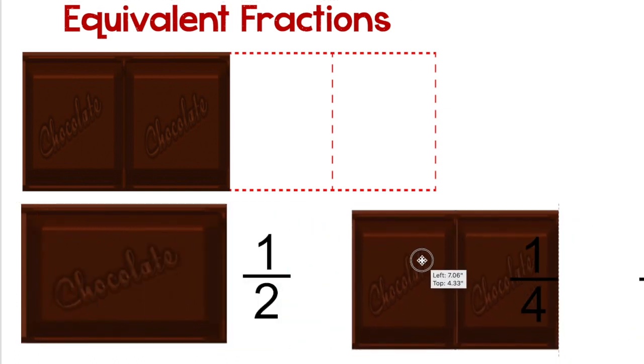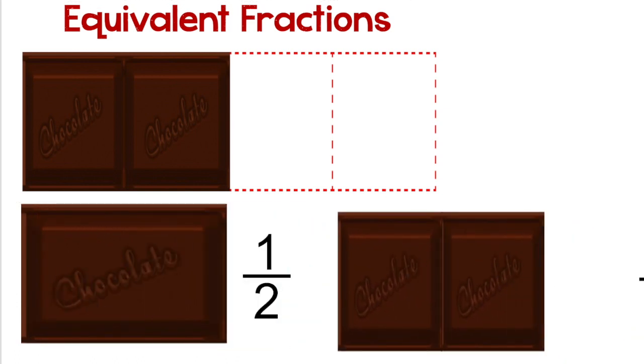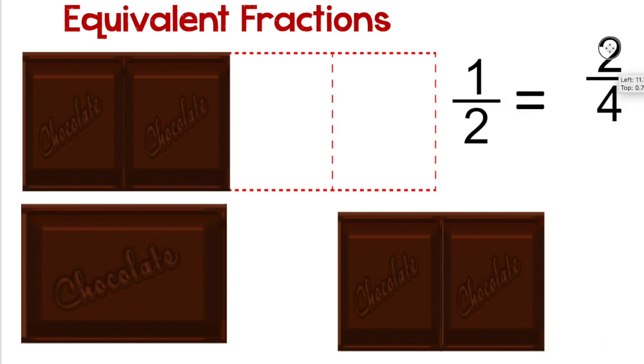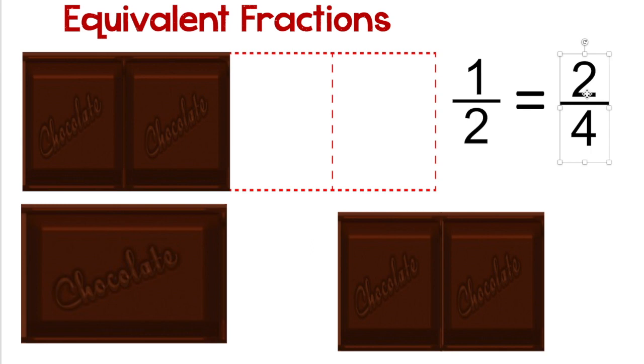So, if Mrs. Allen wants to eat the same amount of chocolate as I'm going to have, she could have 2 of her 4 pieces, and she would have the same amount of chocolate. That means that 1/2 of my bar is equal to or equivalent to 2/4 of her bar.